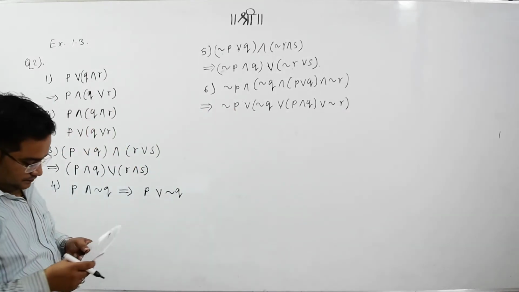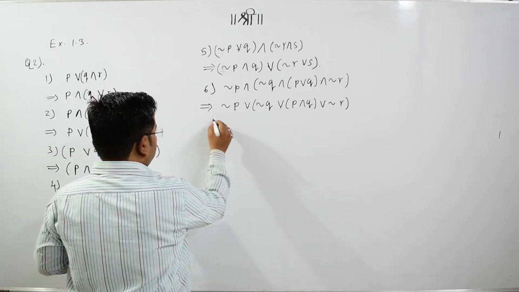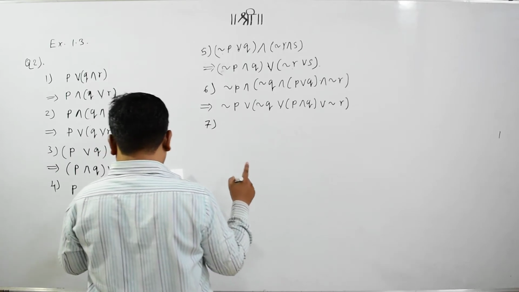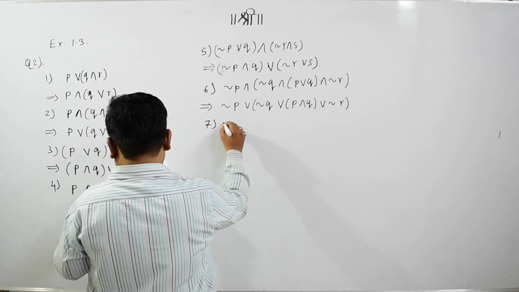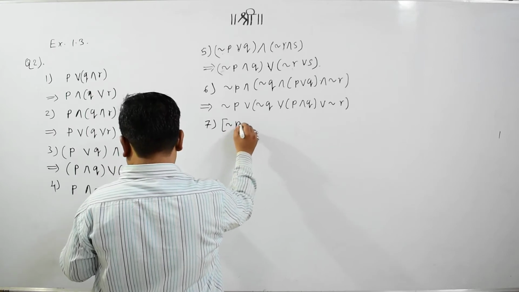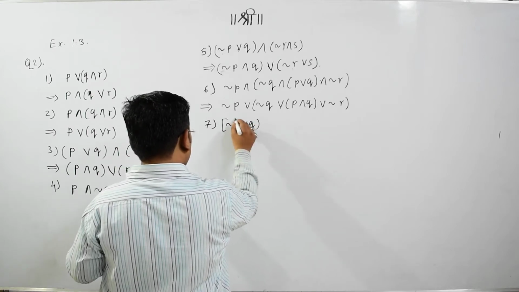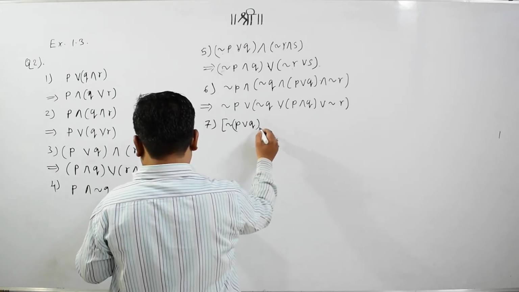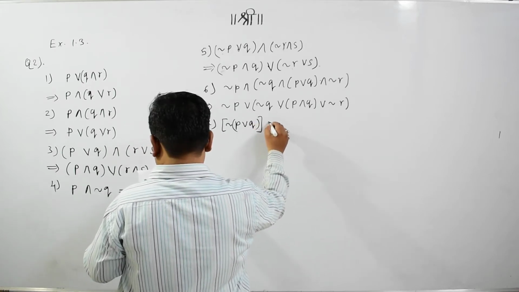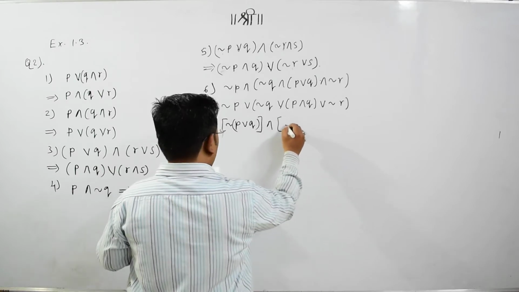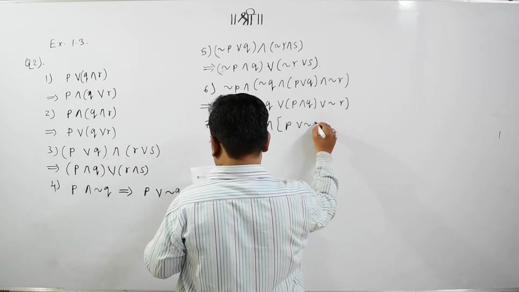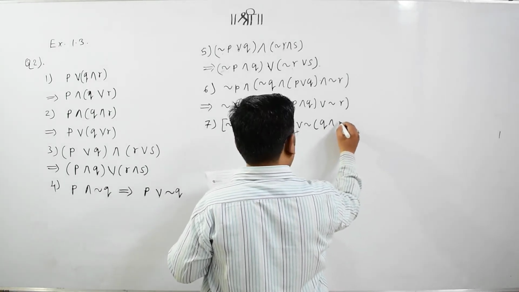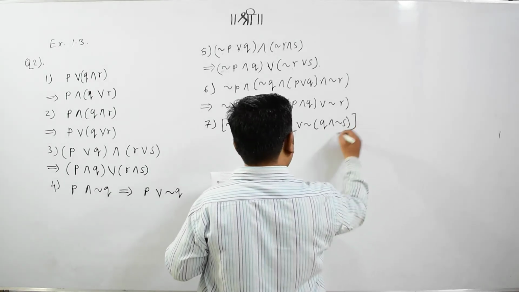Now next step, next question, question number 7. So 7 is also similar, but yes, 7 is simple. Negation of P or Q, bracket complete. Now here we take P or negation of Q, or sorry, and S, bracket complete.